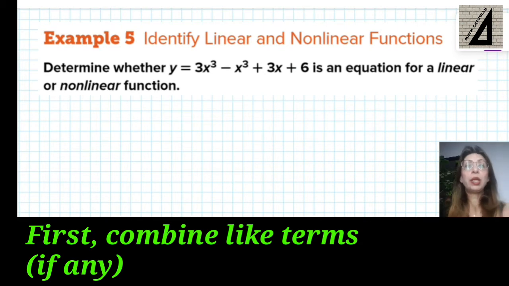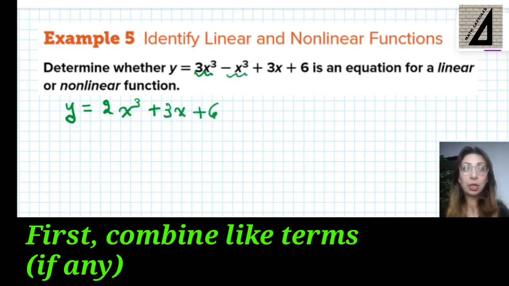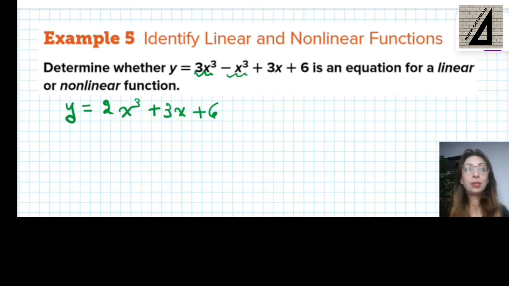We have y equals 3x cubed minus x cubed, both of them have the same power, so we can combine them together to be 2x cubed. And then plus 3x and plus 6, we write them like this because we cannot combine them. Now this is the simplest form of the equation.